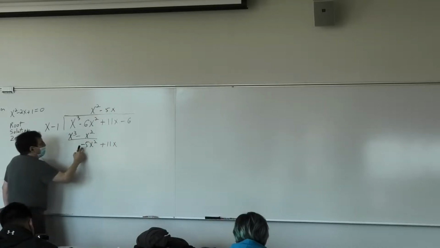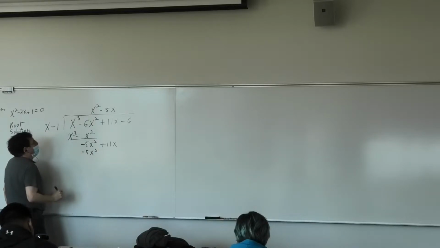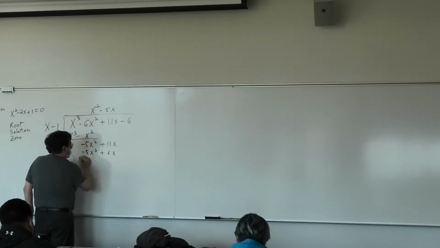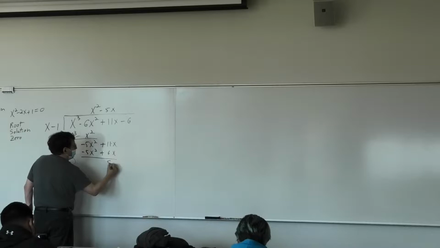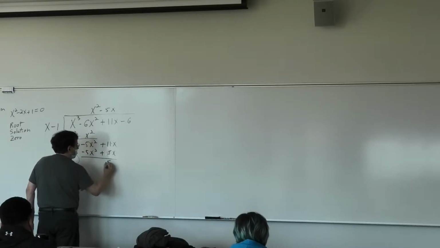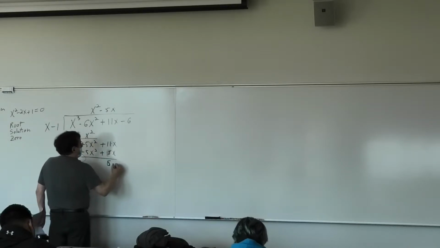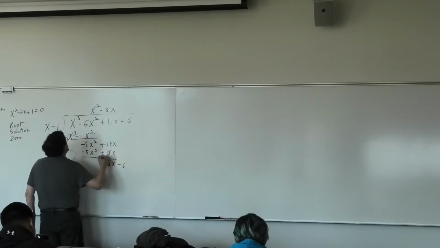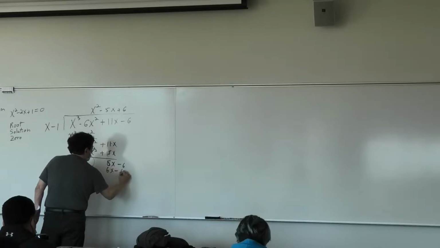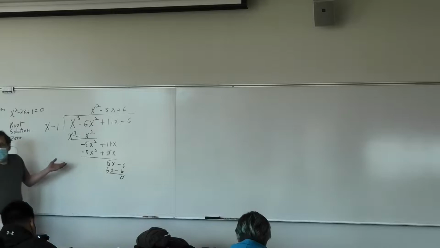So x into minus 5x squared is... So this first term is always going to disappear. -5 times -1 plus 6x. Okay, the subtraction is a little easier. Oh, sorry, 5, 6. x minus 6 and plus 6, 6x minus 6. So we have remainder 0, so we know this divides evenly.